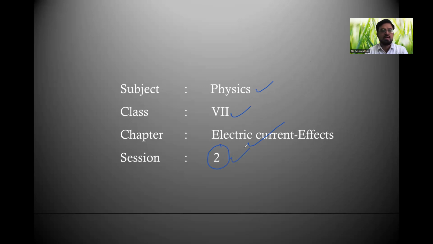So far we completed one session on the basic concepts of electricity, starting from the history of electricity to what is electric charge, what are conductors, insulators, semiconductors, then what is electrification, how to give charge to a neutral body.